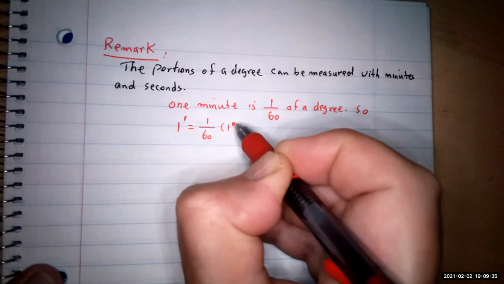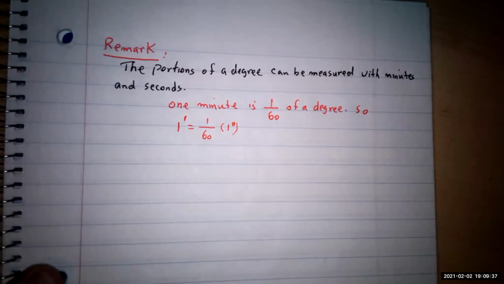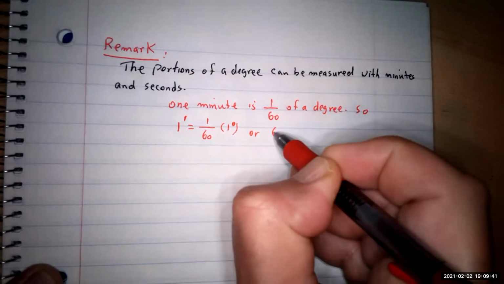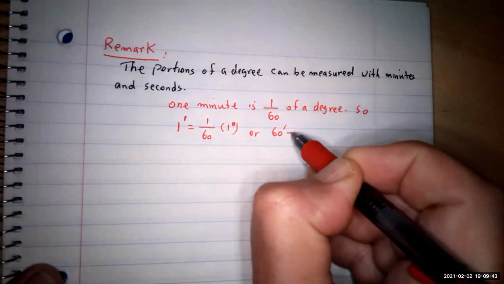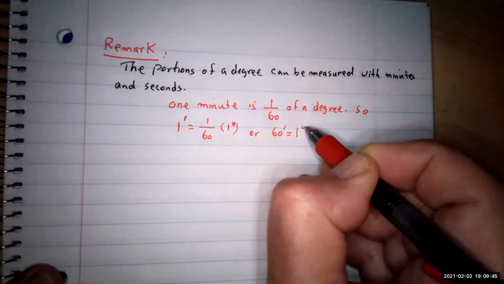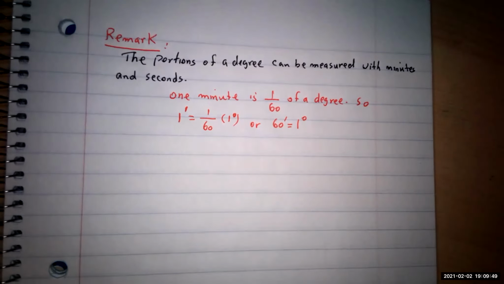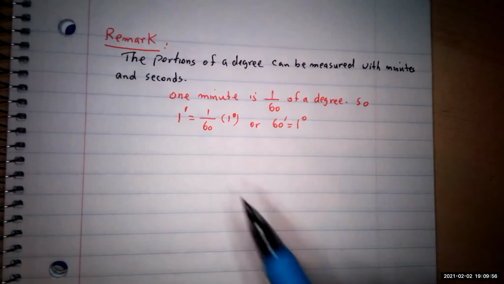Or simply, we know that 60 minutes is going to be equal to 1 degree. It's like degrees over minutes, if you like. Any question?